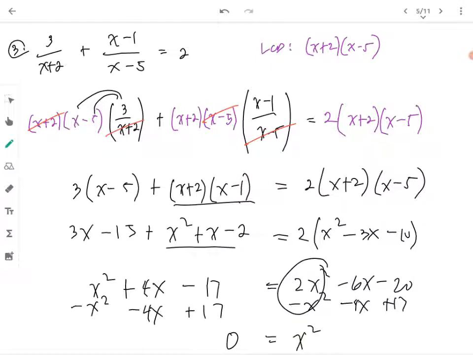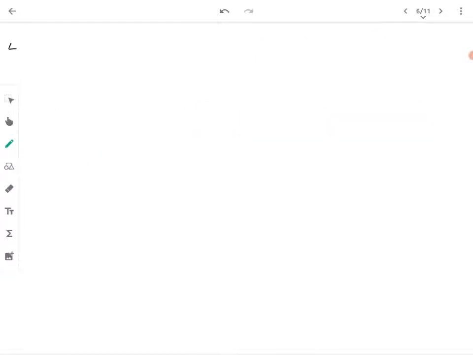Then 6x and negative 4x, that gives us 10x, and 20 plus 17, that gives us minus 3. Okay, so we have here our quadratic equation: x squared minus 10x minus 3 equals 0.